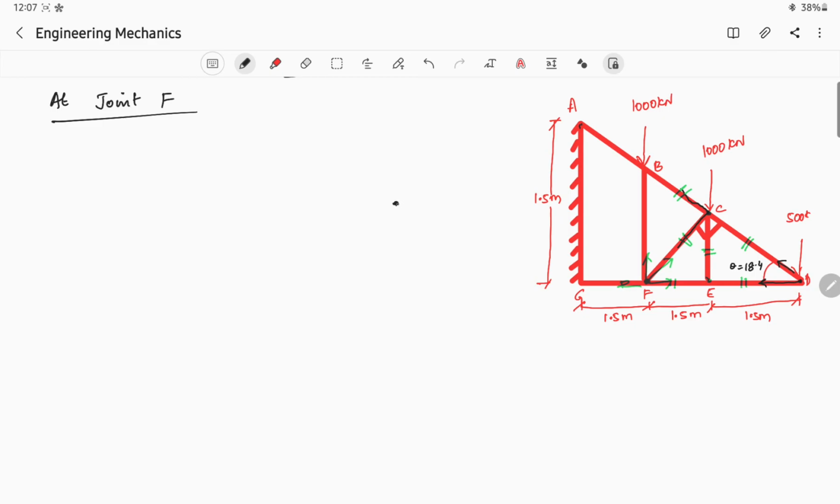We have force in member EF, then force in member CF, then force in member BC, then we have force in member GF or FG. Will take GF.